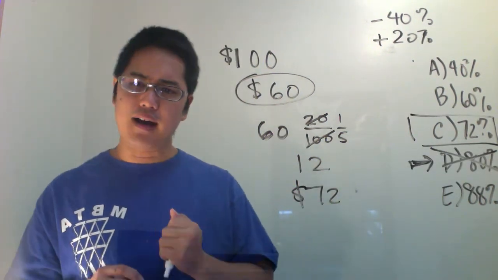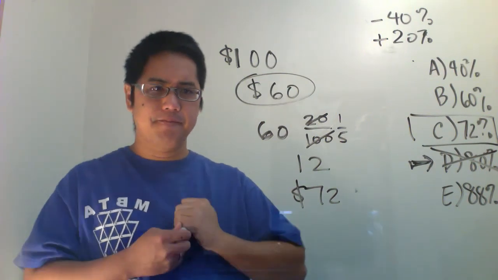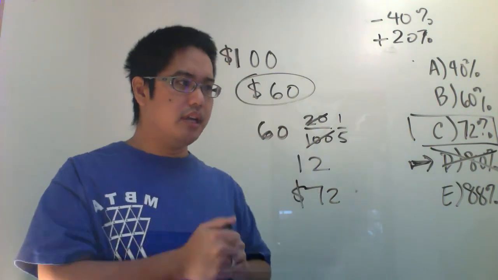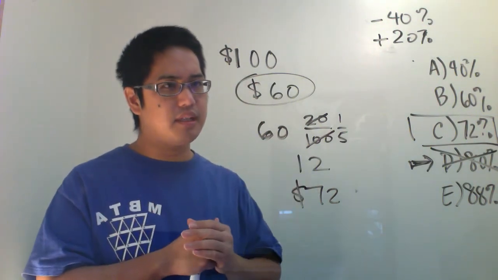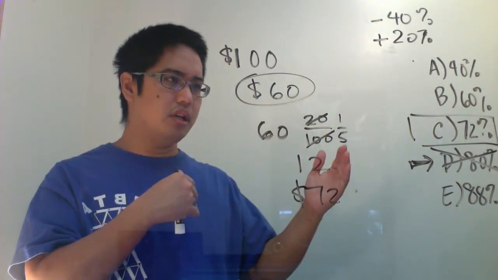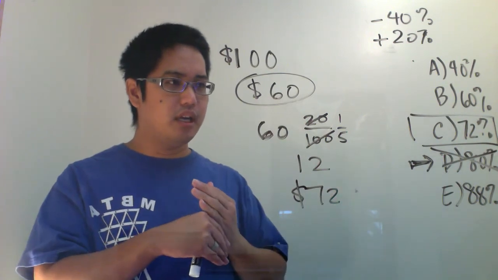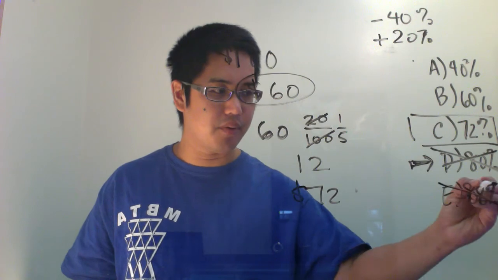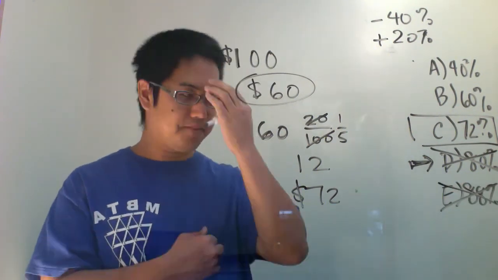I mean, let's talk about it a little bit, all right? I guess when I think about this, I think, okay, if I start off with 100 and I go down 40%, then I'm going to go up 20%. E is totally out of the ballpark, right?